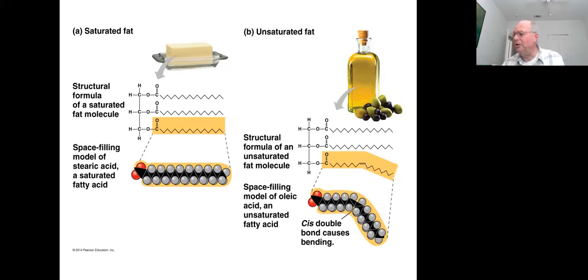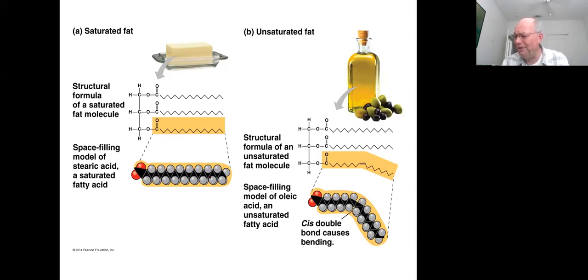So here you can see two fats. This fat, or fatty acid, is called stearic acid. It's a component of butter, and you can see that it is a saturated fat. All the carbons are linked together by single covalent bonds represented by these lines. And then there are hydrogens attached to the skeleton everywhere else.